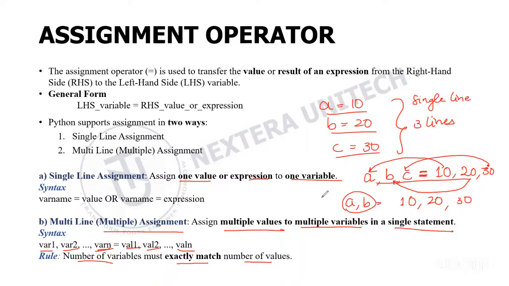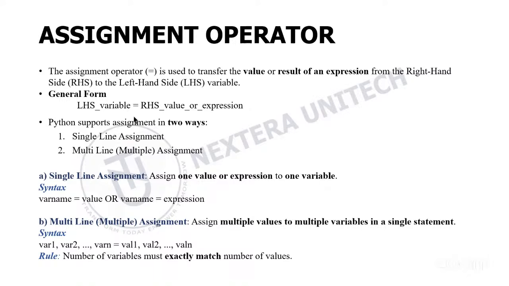Here there are only two variables, but you are assigning three values, so that cannot happen. Your number of variables and number of values should match. Here we have three variables and three values, so the values will be assigned respectively and neatly. That is the rule in case of the assignment operator.